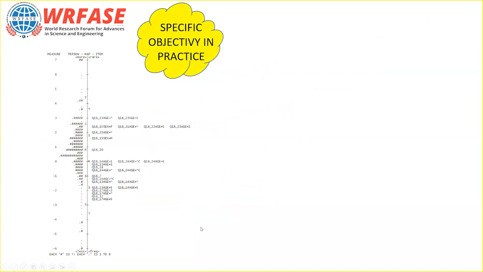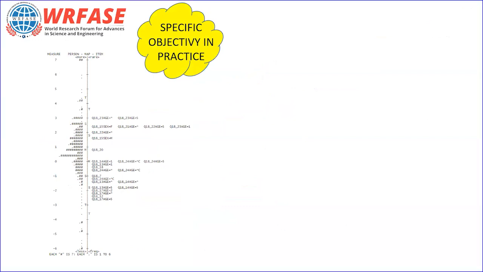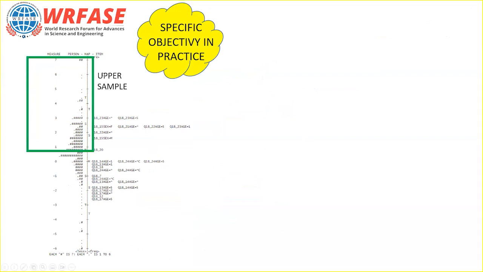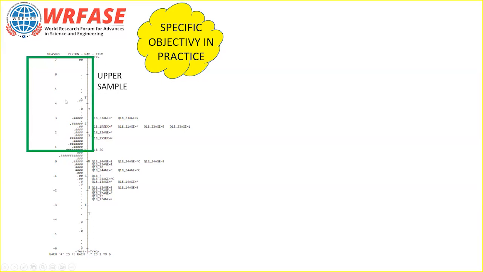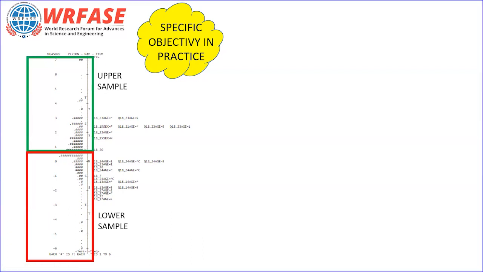So what is specific objectivity in practice? For example, in this case, you get this part of the sample we call the upper sample, the people that like kiwi fruit very much, and this is the lower sample, the people that don't like kiwi fruit very much.